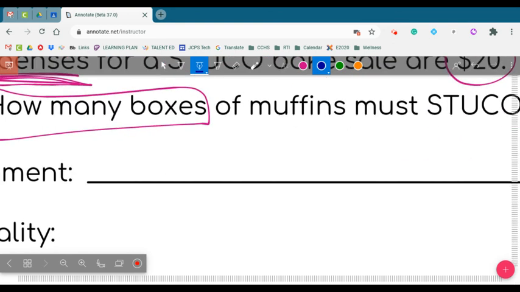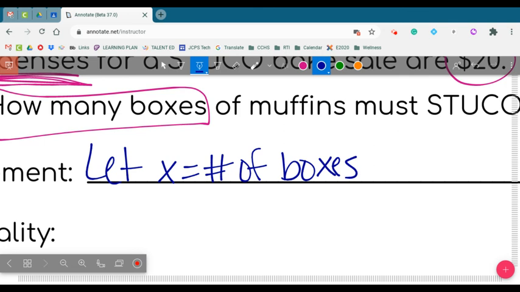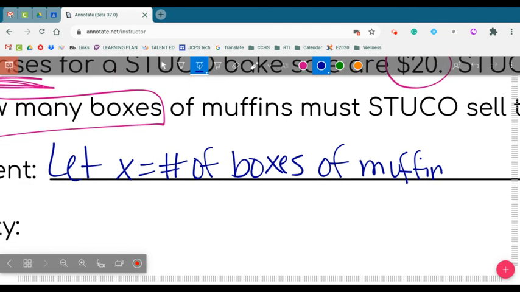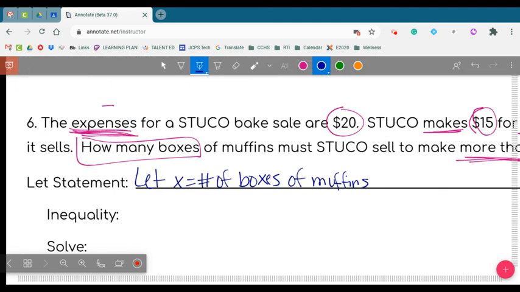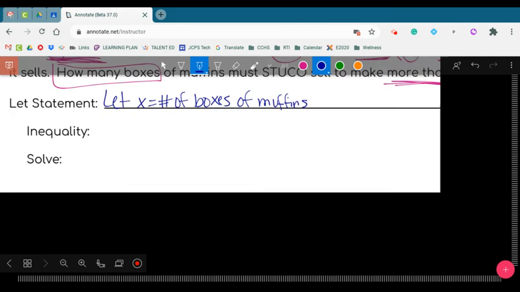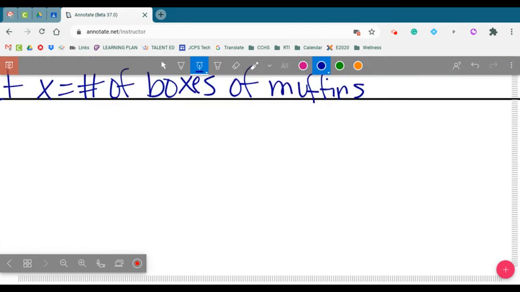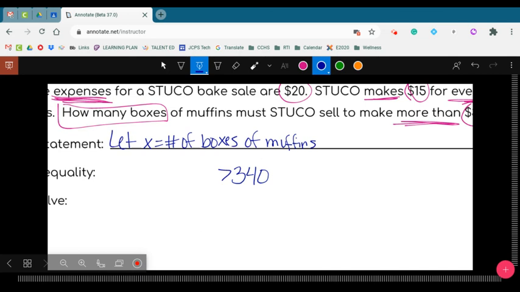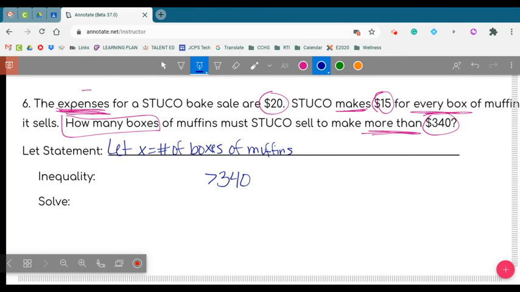Let statement: let x equal number of boxes of muffins. If we want to make more than $340, it's just going to be greater than, because we can't make exactly. We want to make more than that.